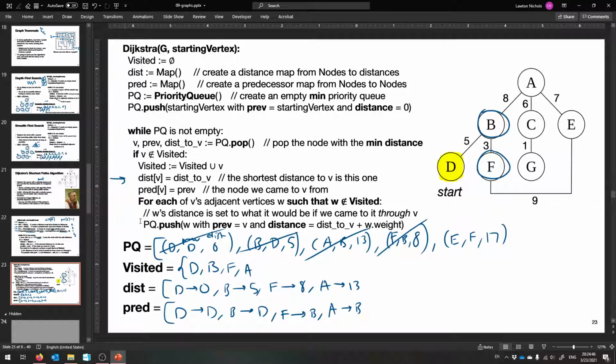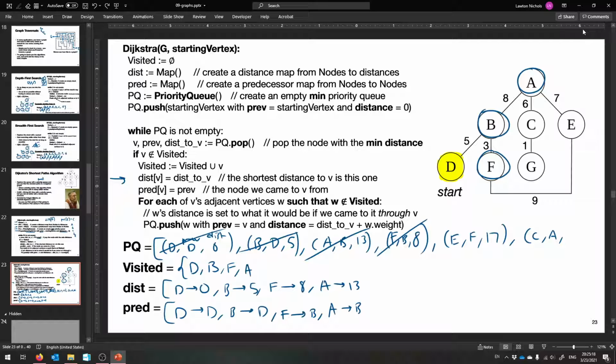There. Okay. So yeah, and then we're going to push all of A's adjacent things that we have not looked at yet. And so now we're going to push C and E. See that? So let's push C. C coming from A with distance 13 plus 7. Okay, hope you see how I'm doing that. That's 20. And then E coming from A. Oh, wait, sorry.